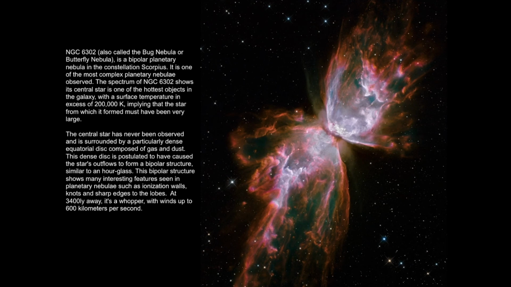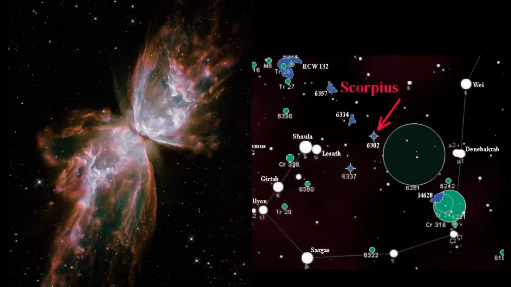Winds at 600 kilometers per second with a white dwarf would ionize everything within light years of its location. And that's actually one that can be seen in the sky if you know where to look in the constellation of Scorpius. So it's better if you're in the southerly locations, or in the southern hemisphere, to take a look at it.